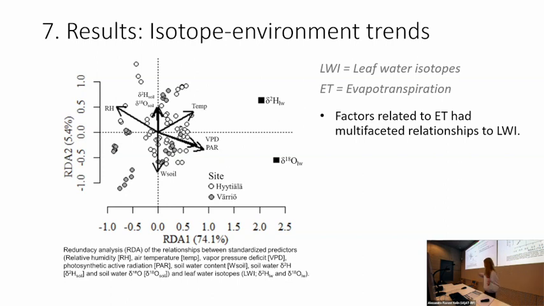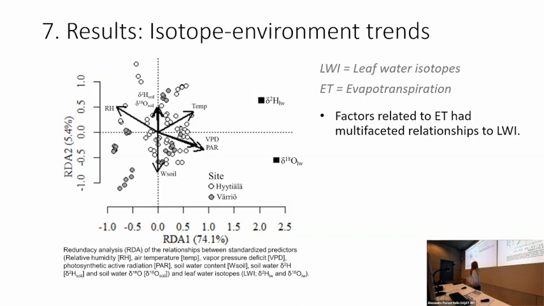On the x-axis is redundancy analysis dimension 1, which is explaining 74% of the variability in the data. And on the y-axis is the second dimension, which is explaining only 5.4%.